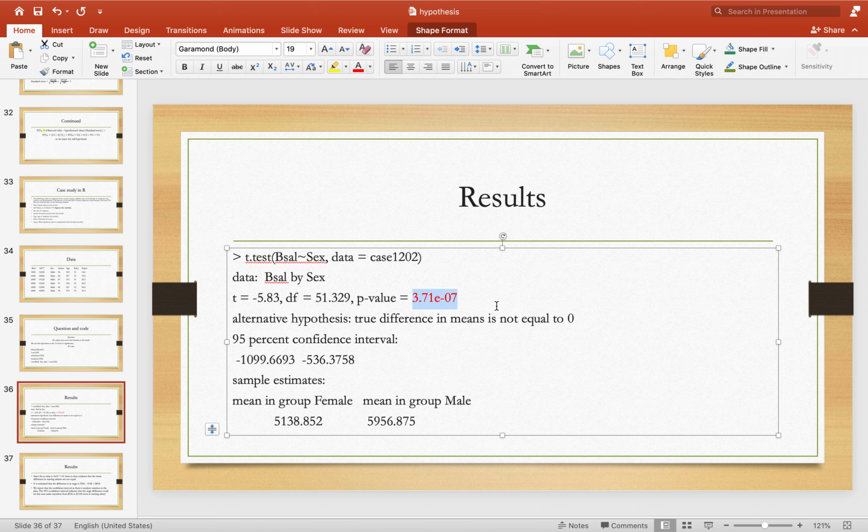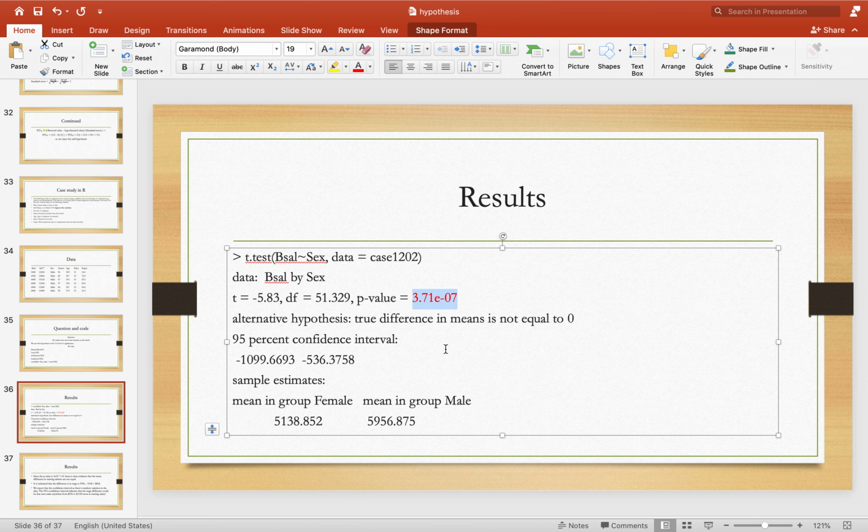The sample size for men is not the same as the sample size for women, so that in R, it knows how to compute this for you, and it uses a slightly different formula to calculate it. Okay, and I'm not requiring you to know what that formula is, but I am expecting you to be able to use some software to do this statistical test and calculate its p-value.